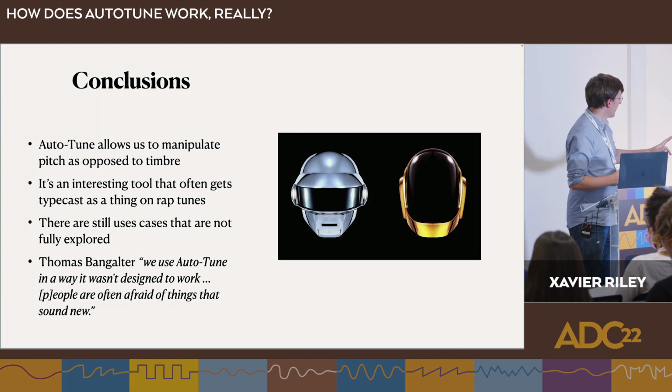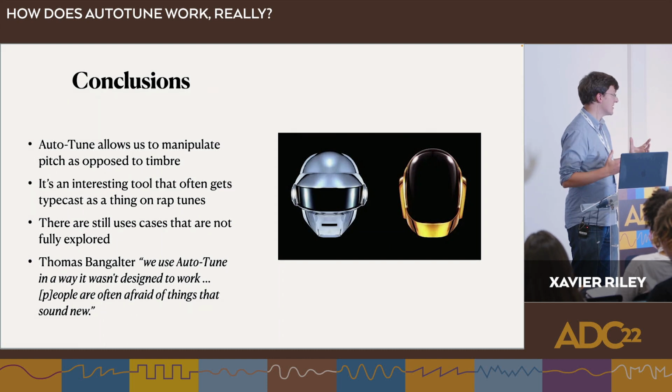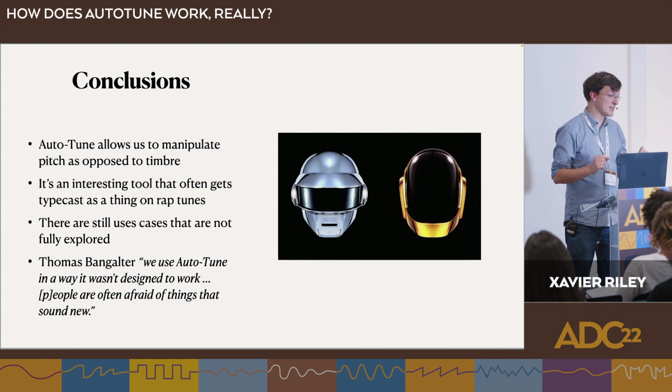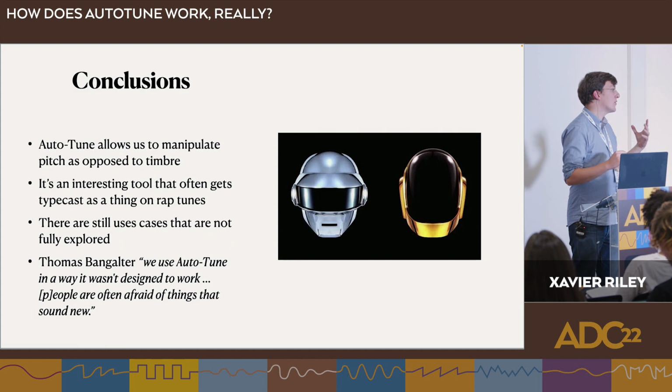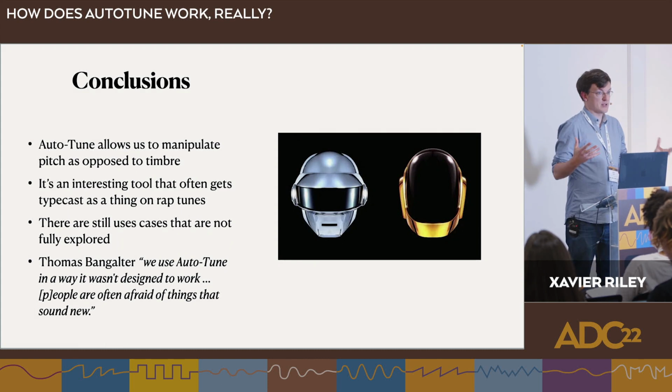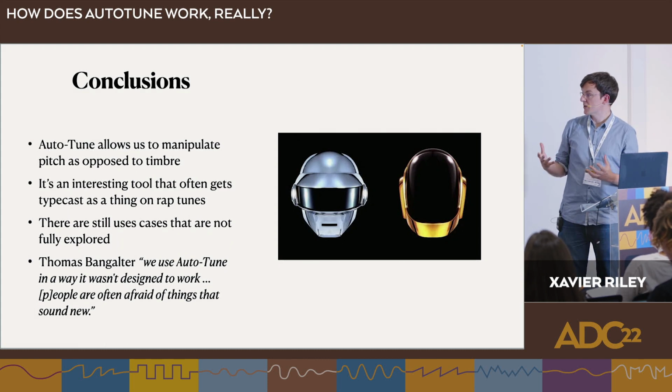I've got a picture of Daft Punk there because I've got my own pet theory that if you listen to the Discovery album, they used Autotune on every single track in one place or another, and not just for vocals. The vocal for One More Time is obviously Autotuned, that's the classic sound of Autotune.